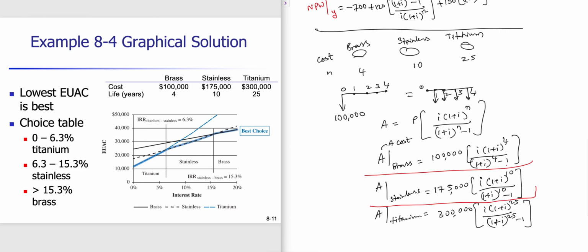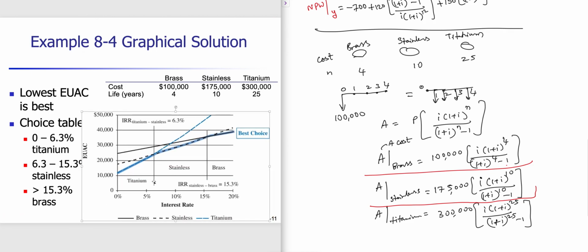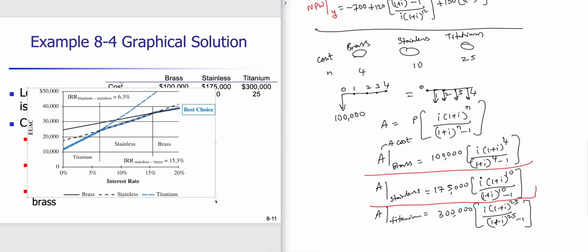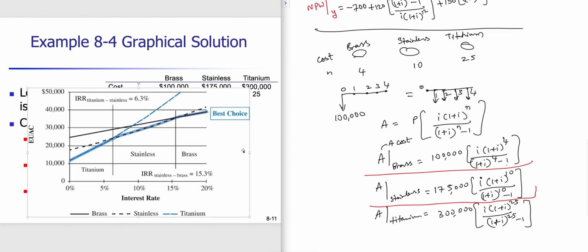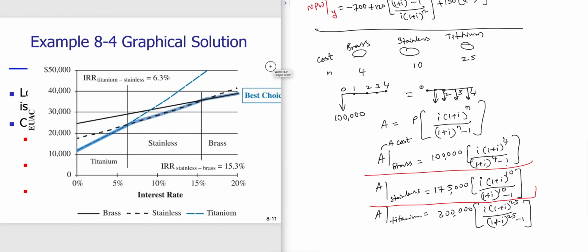Three different cases, and when we plot, we get a plot that is shown here. So by looking at the plot, what do you think is the best choice? Now here we have to be careful. We are dealing with not net present worth, we are dealing with cost.